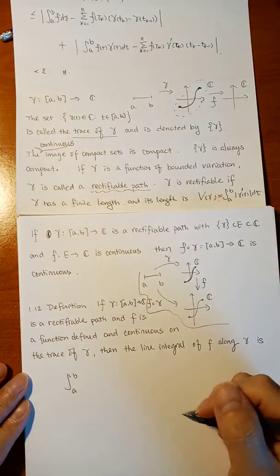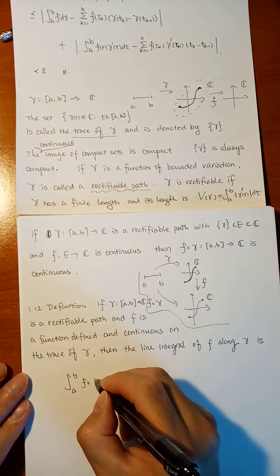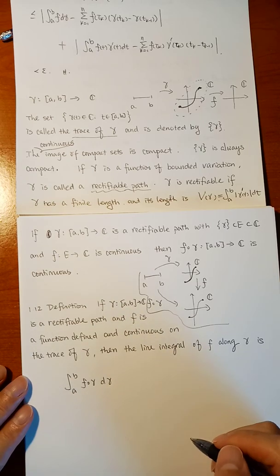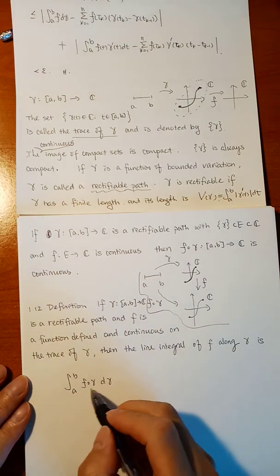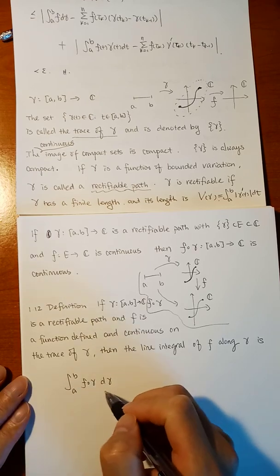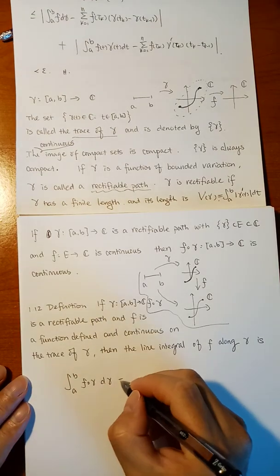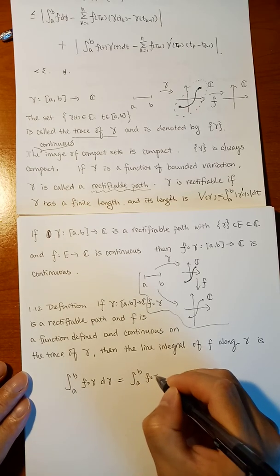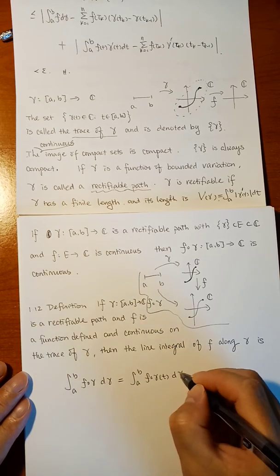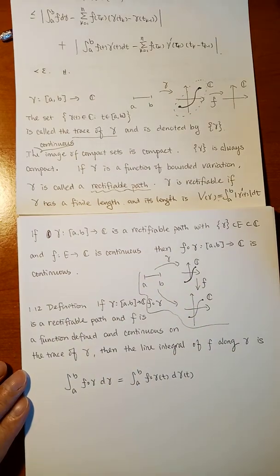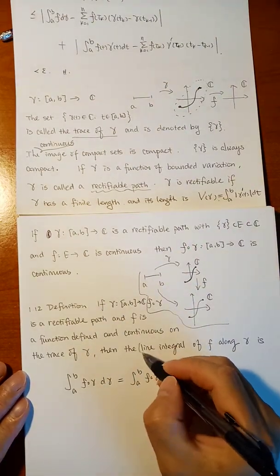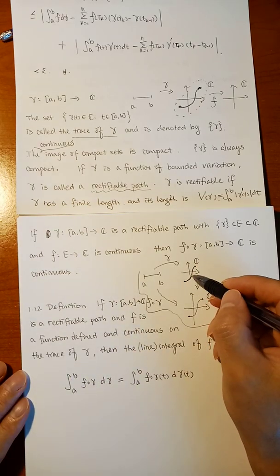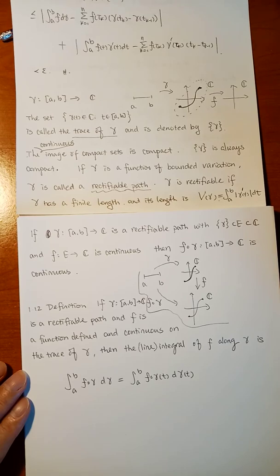Then we are going to apply the previous one: f circle gamma, dgamma, because f circle gamma is defined over [a,b]. If you want to emphasize the variable, in the book they have f circle gamma (t), dgamma(t), but it's not necessary. We say it's a line integral because the function f is defined over this curve.